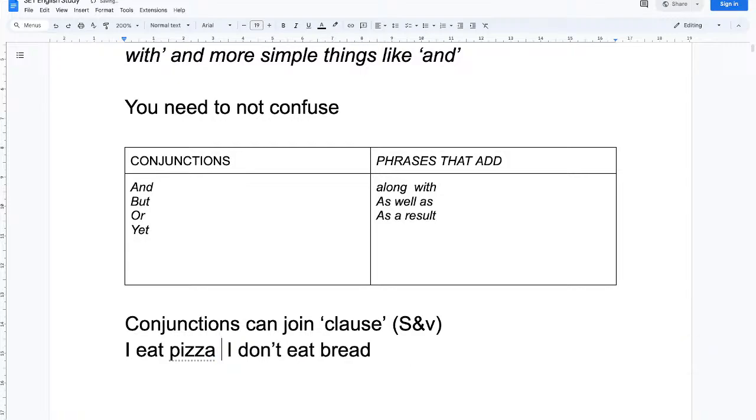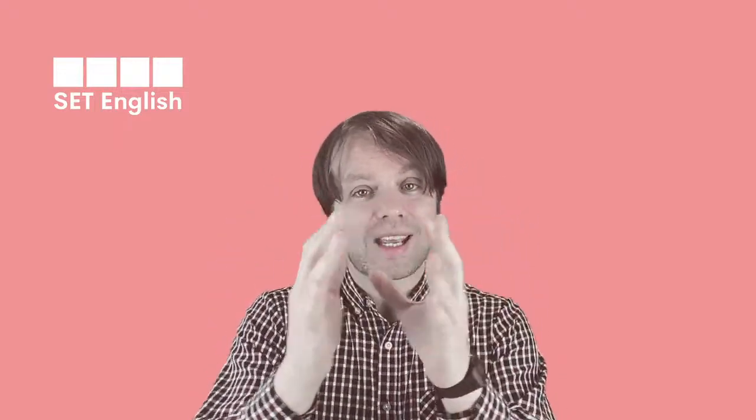I can say "or," "I eat pizza or I eat bread." Doesn't matter. Either one, okay? So conjunctions are joining clauses. A clause is a subject and a verb, like he, she, it, plus verb. Verbs are actions or situations. Have, walk, all these kinds of things, okay?